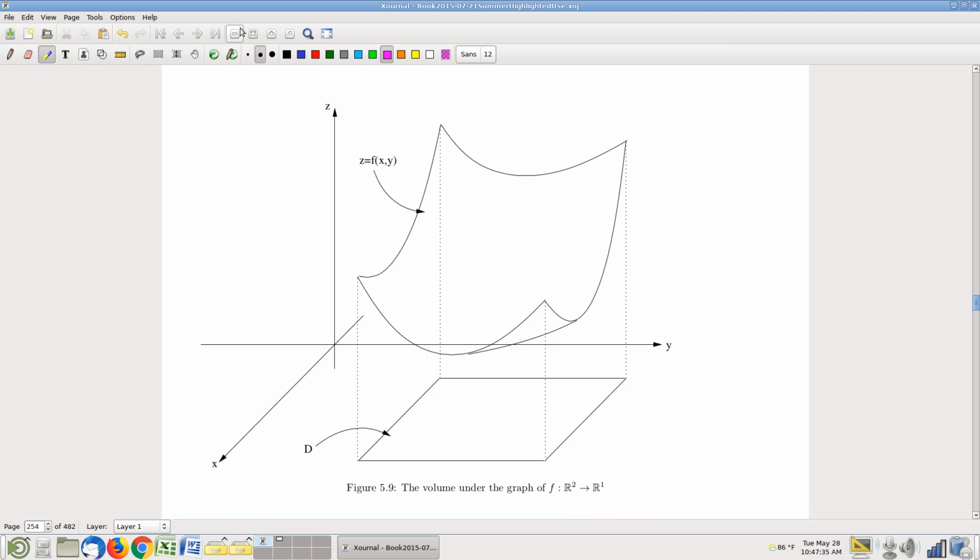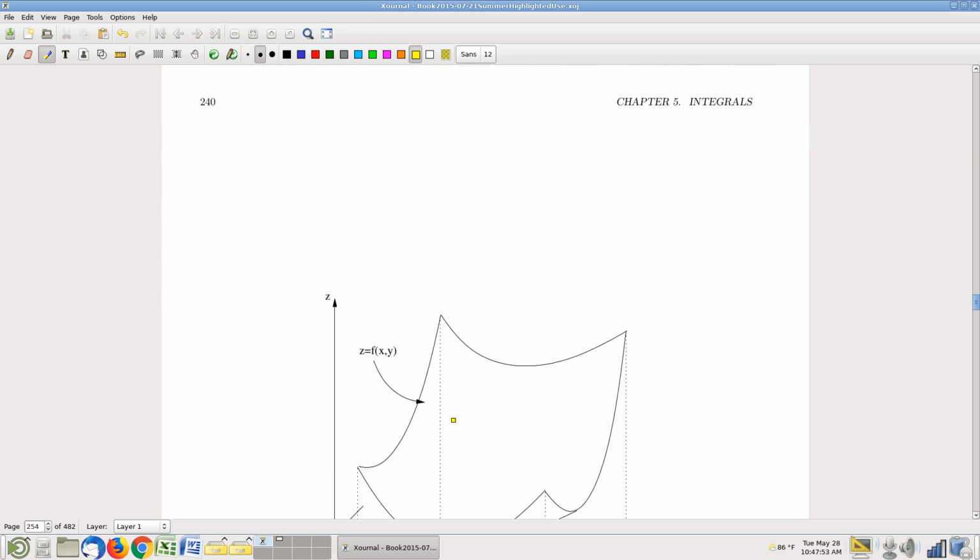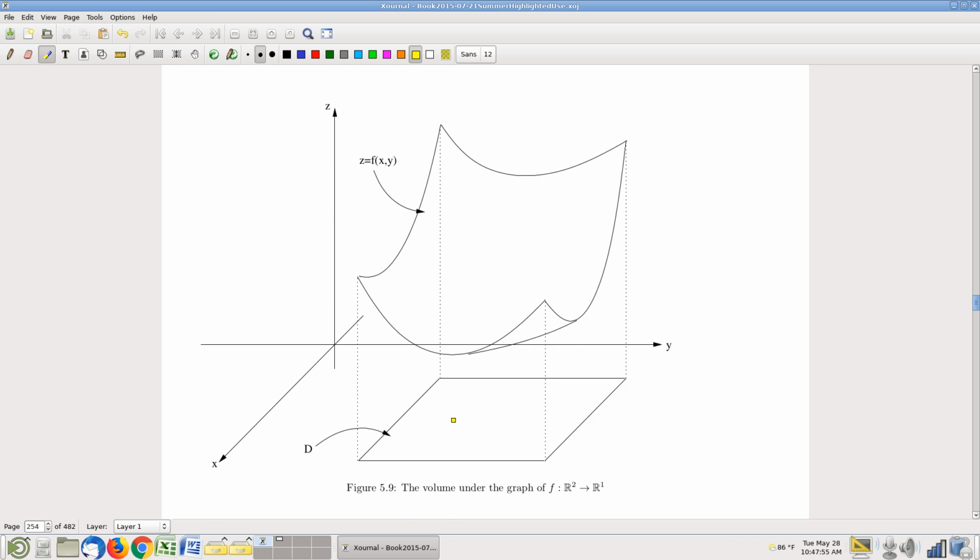We already know about the French fries. You chop up the area at the bottom into little rectangles, view the volumes of the French fries, add them up. That's the double integral approach. But let's not do that. Let's take a different approach. And the approach I want to take might seem familiar to those of you who have seen, let me do a little hand waving.